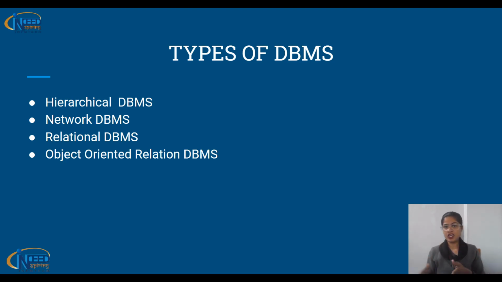In MySQL, we create each sheet as a table, and each table should have a relationship with another table. Making the relationship is a little bit complicated, and it is not available in previous databases like hierarchical and network. The relationship is observed in the relational database management system, and we will be studying that.